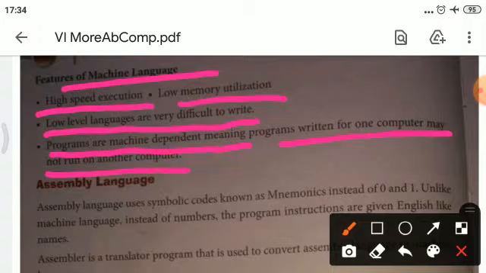It means if a program is written on one machine, it will not run on another computer. This property is known as machine dependent.